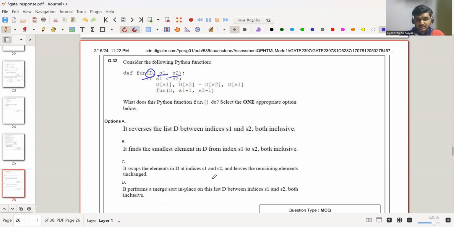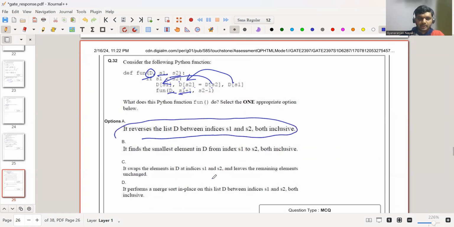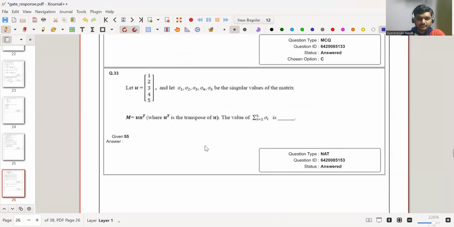If S1 is less than S2, then dictionary of S1 and dictionary of S2 are swapped, dictionary of S2 assigned with dictionary of S1 and dictionary of S1 assigned with dictionary of S2. Then call the function with S1 plus 1 and S2 minus 1. So here the answer is it reverses the list between indices S1 and S2, both inclusive. So option A is correct. We will proceed for next.